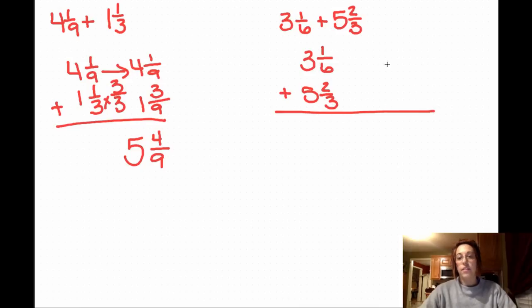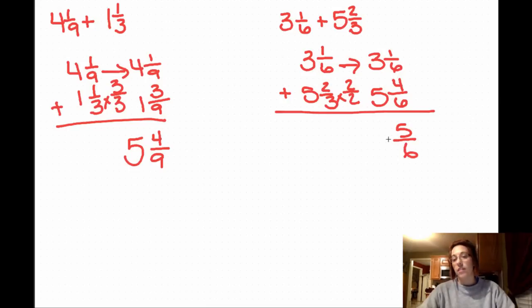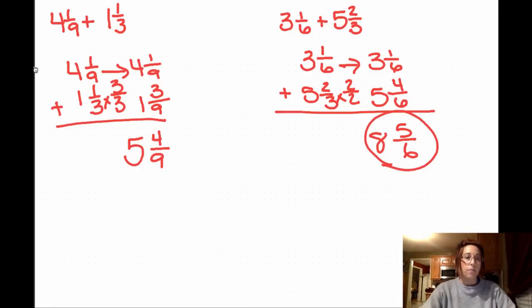Three will go into 6, so 6 will be our common denominator. 3 times 2 is 6, so 2 times 2 is 4. 1/6 plus 4/6 is 5/6. 5 plus 3 is 8. So our answer becomes 8 5/6.